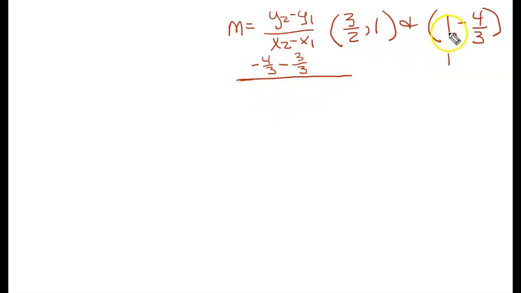And then for our x units, 1, which is going to be 2 over 2 minus 3 over 2. And now we can do some summary work. The top is going to be a negative 7/3, and our denominator is going to be a negative 1/2.